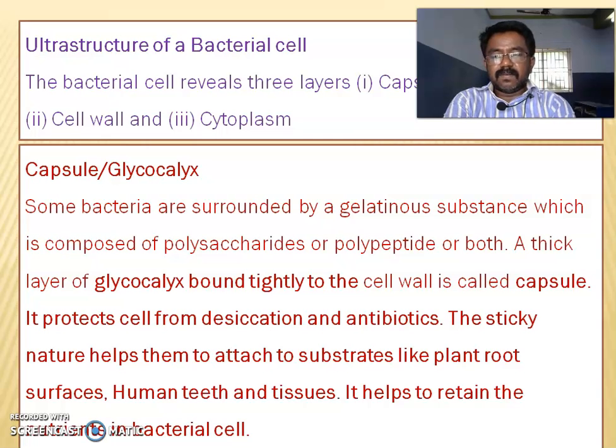A thick layer of glycocalyx bound tightly to the cell wall is called the capsule. It protects the cell from desiccation and antibiotics. The sticky nature helps them attach to substrates like plant root surfaces, human teeth and tissues. It helps to retain nutrients in the bacterial cell.